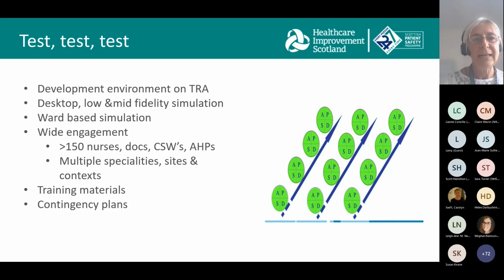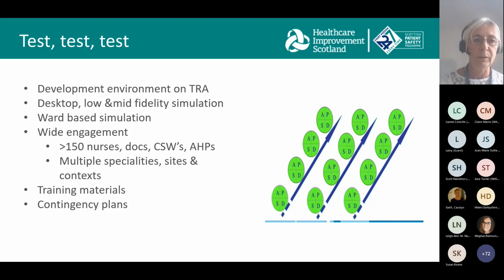So, as I say, we have tested this. In the development environment, we have tried out simulated low fidelity, mid fidelity using mannequins. We've tested on desktop. We have used simulation over and over again to test our hypotheses around how the system would work under different conditions, both with well patients and also with simulated sick patients, to test both data entry, actions, and response.